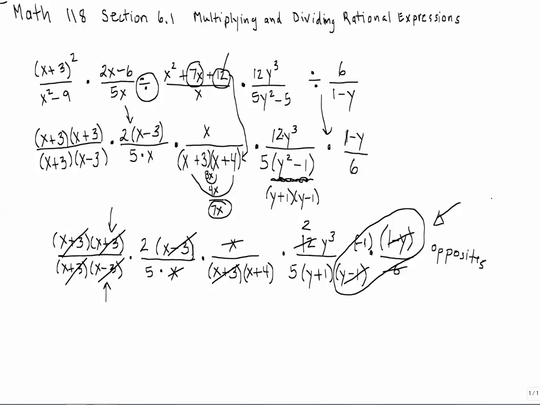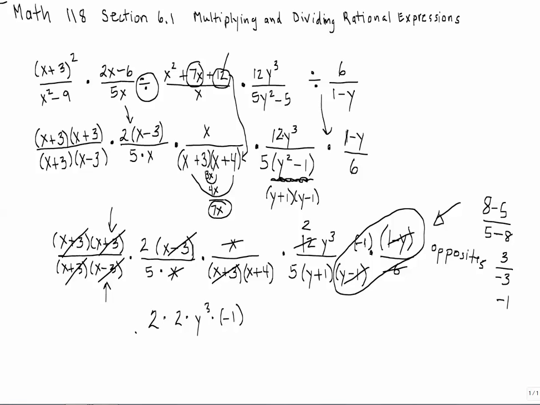Remember, the opposites are like, say, what's 8 minus 5 over 5 minus 8? Same numbers, opposite position. 8 minus 5 is 3. 5 minus 8 is a minus 3. So they're the same number, opposite signs, equals a minus 1. That's where the minus 1 comes from. Okay, so my answer is going to be the 2 times the other 2 times the y to the third times the minus 1.